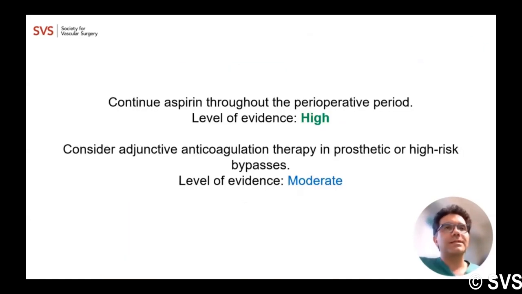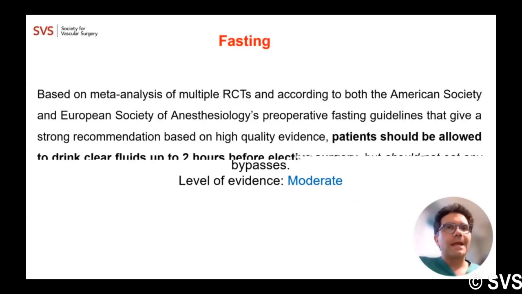We suggest continuing aspirin throughout the perioperative period, with a high level of evidence, and adjunctive anticoagulation therapy in prosthetic or high-risk bypasses, with a moderate level of evidence.